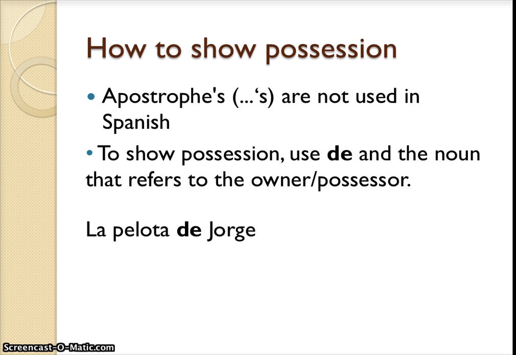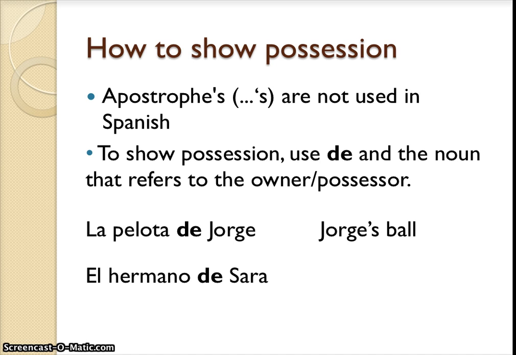La pelota de Jorge. Jorge's ball. Okay, notice we get rid of the apostrophe and we put the object first. So literally, the Spanish phrase in this instance is the ball of Jorge.